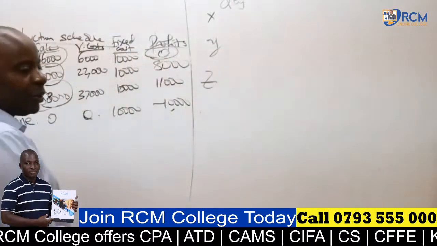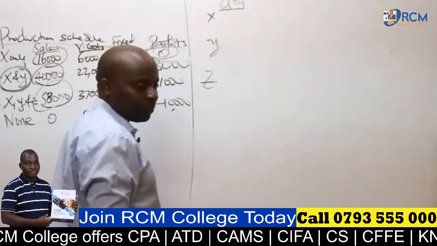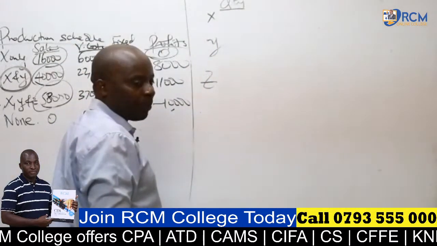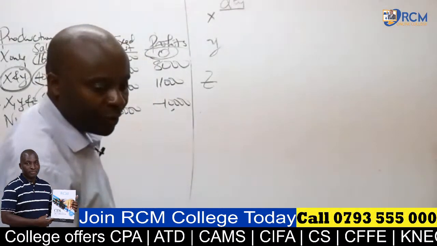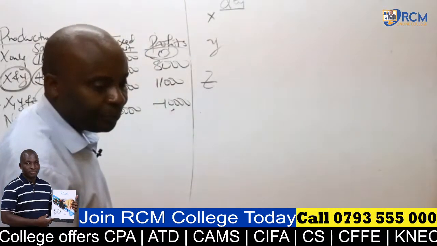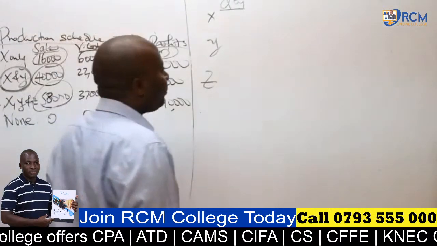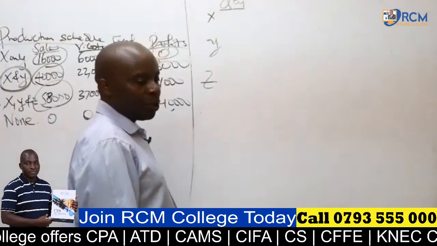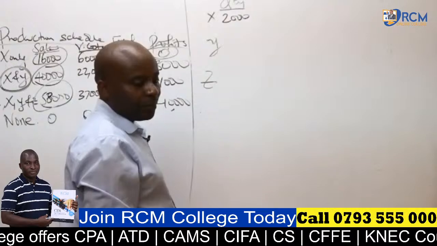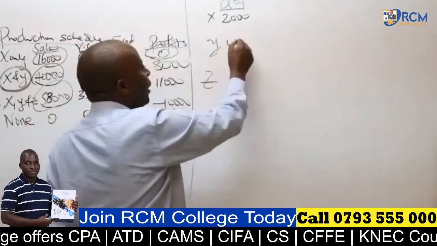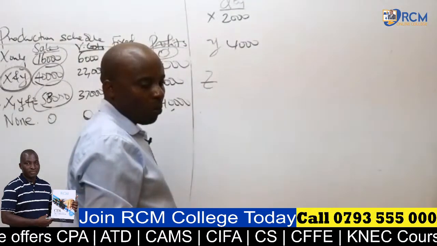Quantity of X, somebody? You guys have the figures. 2,000. How about Y? 4,000. How about Z? 3,000.